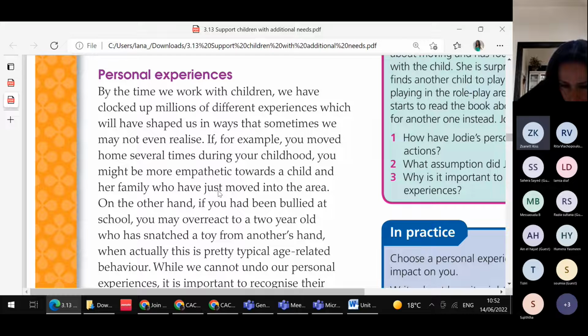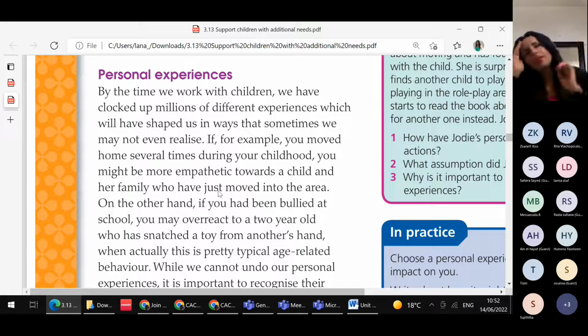Children's behaviors can change, like their behavior is not acceptable. Yeah, so for you, your personal experience, how is it affecting you as a child education person or as a child practitioner?